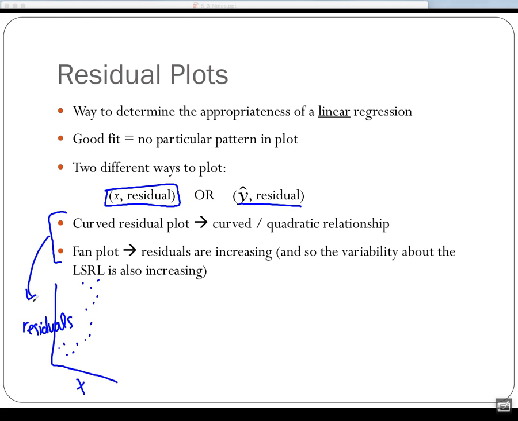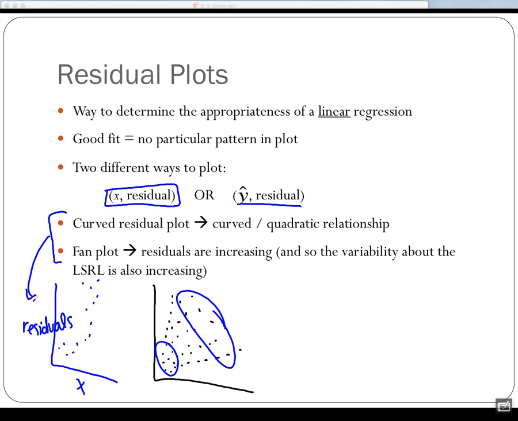If you see a fan plot, I'm going to do the best I can to draw this, but a fan plot, it's where your residuals are close together and then they slowly get more spread out. So this is a fan plot. This is bad because here your points are really close to the least squares regression line.